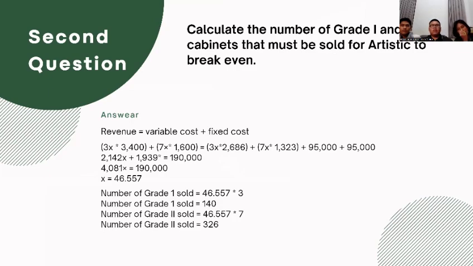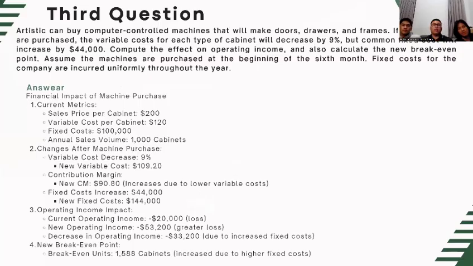We insert the numbers, and the number of x is 46.557, and the number of grade 1 sold is 46.557 multiplied by 3, and the answer is 140. And grade 2 is 46.557 times 7, and it's equal to 326. So that's for the second question.